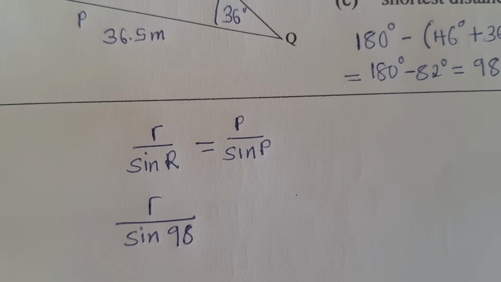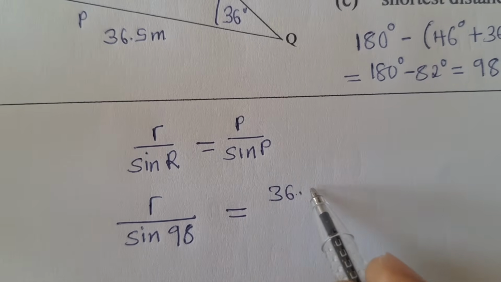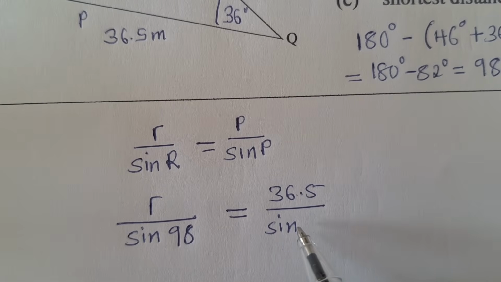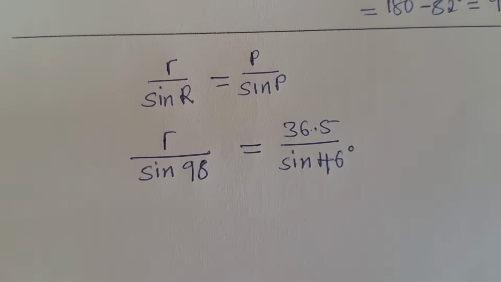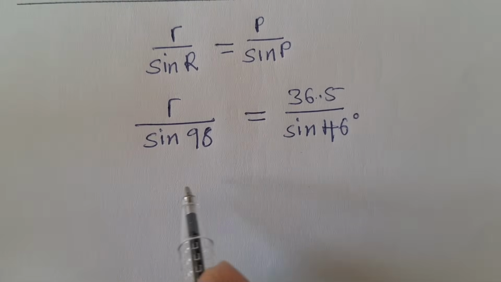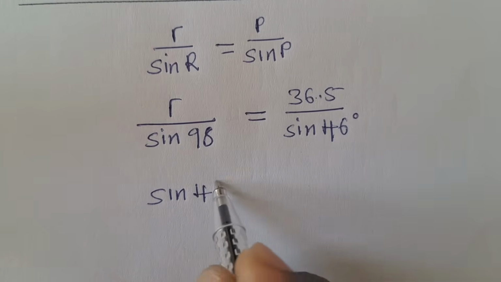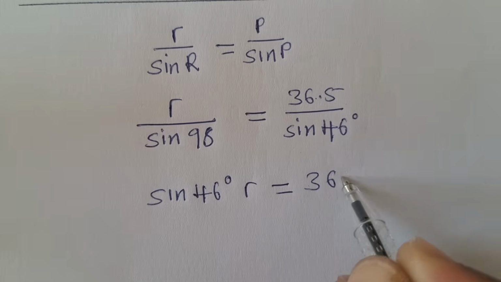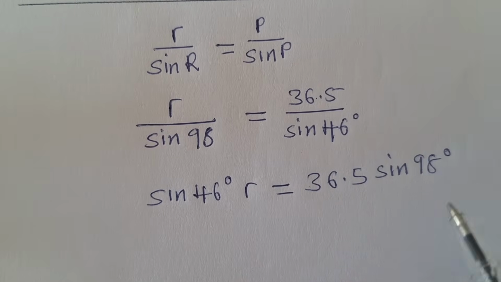So we can use that 98, which is equal to, for small letter p, it's 36.5 over sine capital letter P, it's 46 degrees. So this is a 46 up here. So we can cross multiply. We shall have sine 46 degrees multiplied by r is equal to 36.5 multiplied by sine 98 degrees.